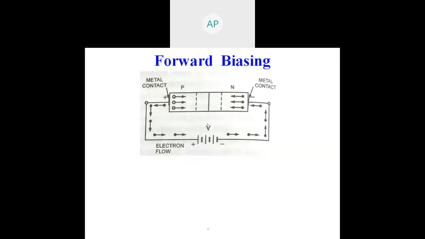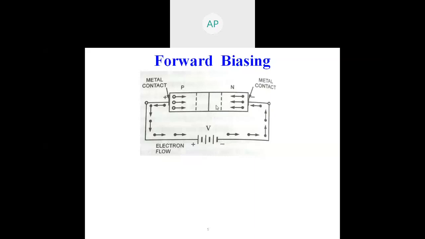If we concentrate on this external voltage V, it has a positive as well as a negative terminal. The negative terminal emits negative ions, and these negative ions enter in this direction at the metallic contact. Here we have the majority electrons as well as the minority holes. These negative ions will combine with the depletion layer ions.